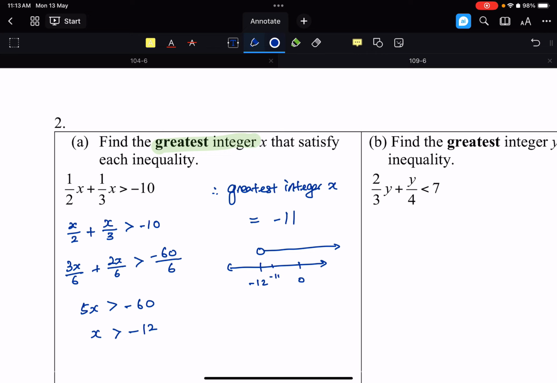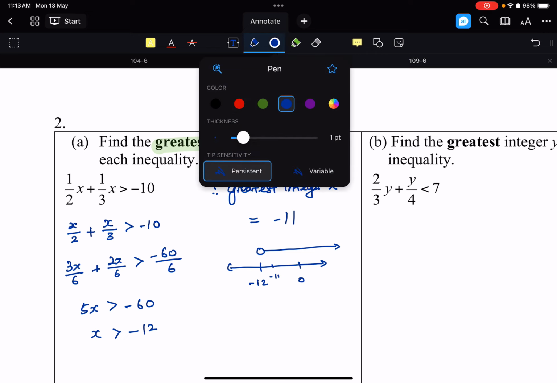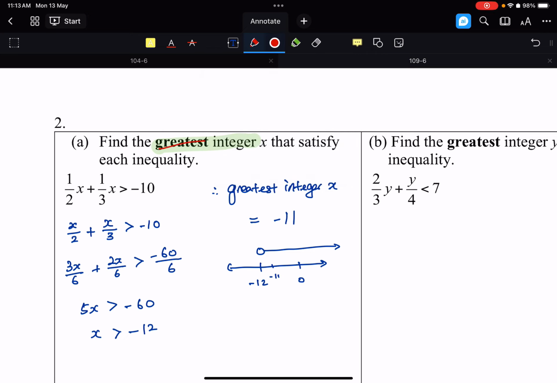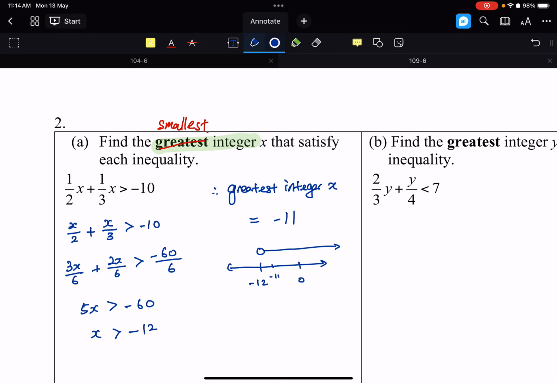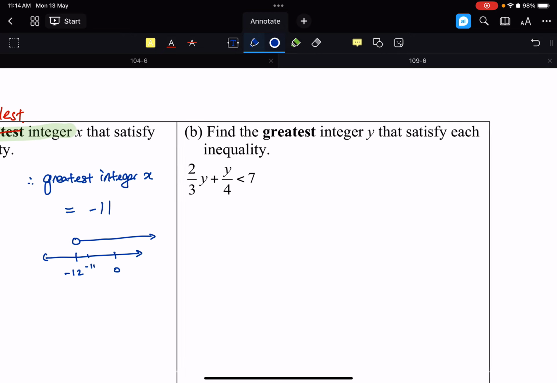Okay, there's an error in the question over here, right? So let's correct this. This one should be the smallest. It's the smallest because the greatest in this case is actually infinity, right? So there's an error in the question. So this one is the greatest, right? So same idea.